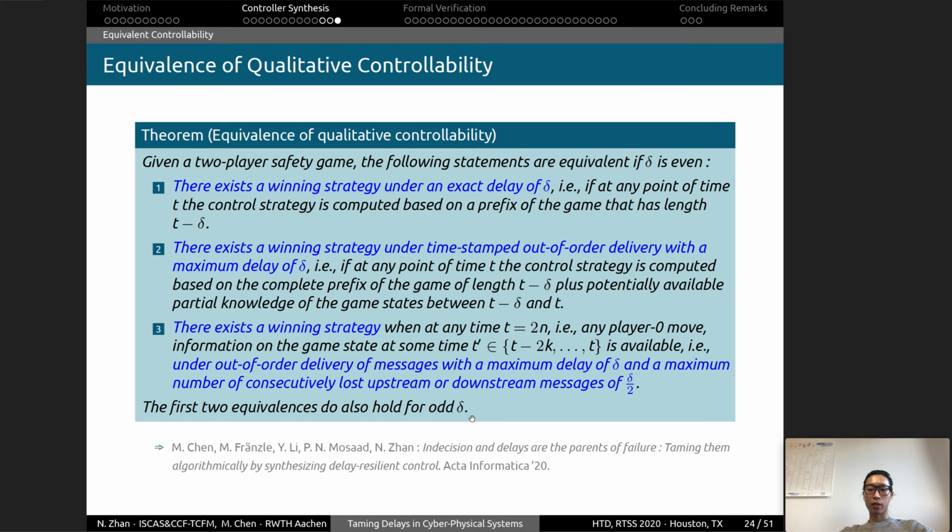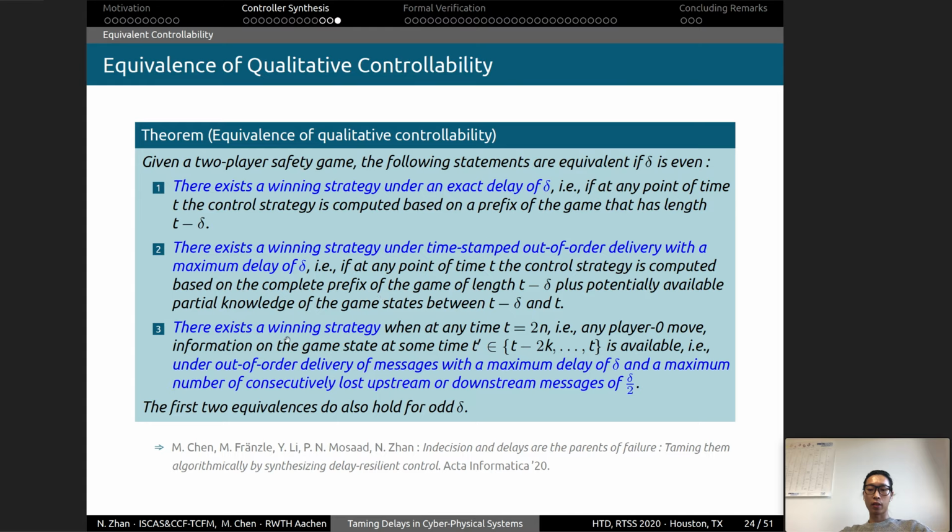Good. Now the last slide of this part. This is a theoretical result on the equivalence of qualitative controllability. The whole theorem looks horrible, but the intuition is that if there exists a winning strategy under an exact delay of delta, then we can show that there also exists a winning strategy under any out-of-order delivery with a maximum delay of delta.